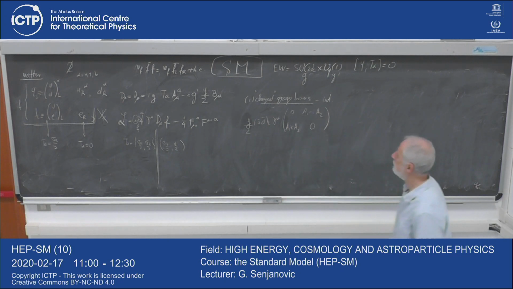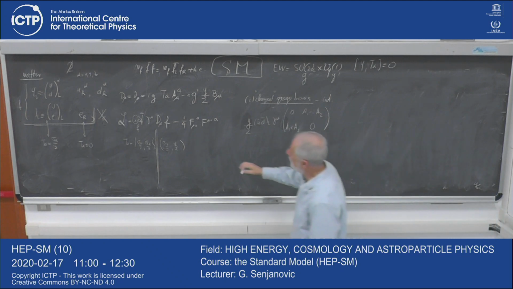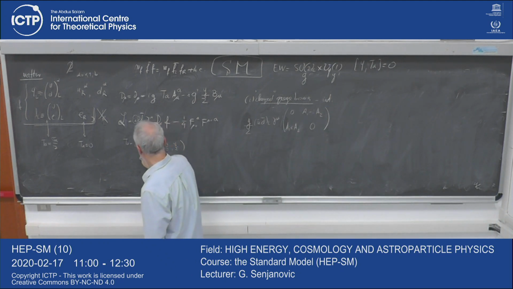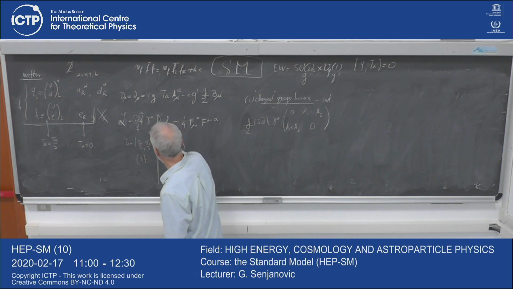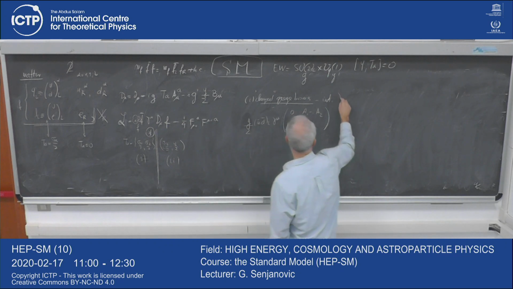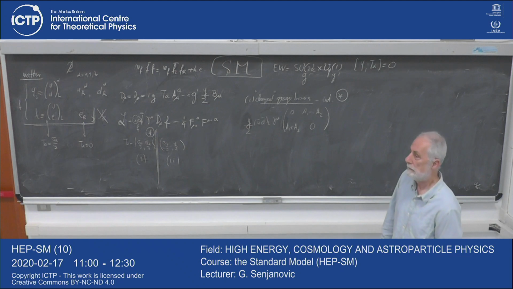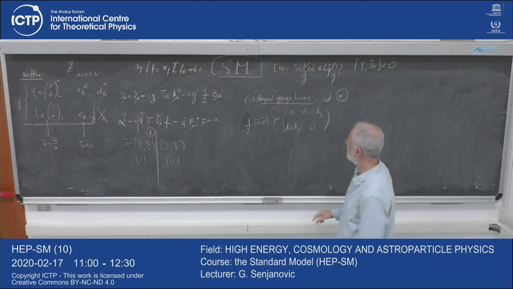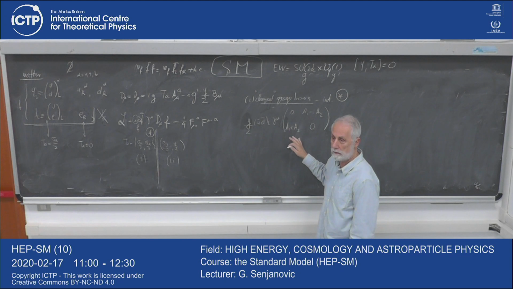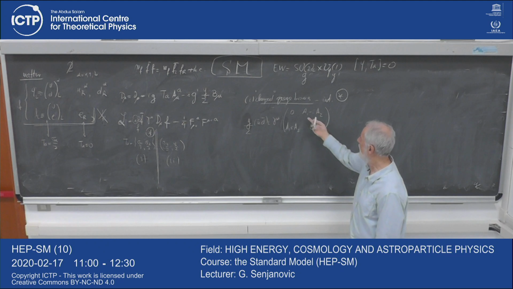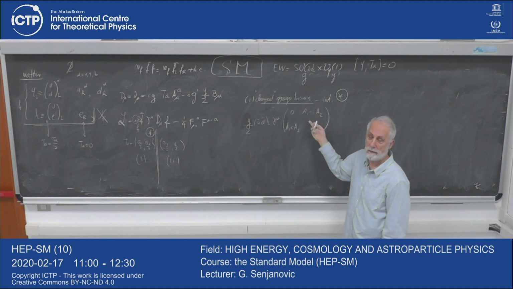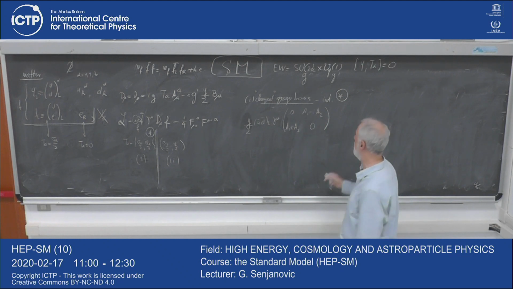You agree? I am isolating this piece, just looking at the off-diagonal piece of my interaction. And you see what I guessed happens, these guys will mix. Now the state is not A1 or A2, it's a combination of them. We'll see in a moment, okay?